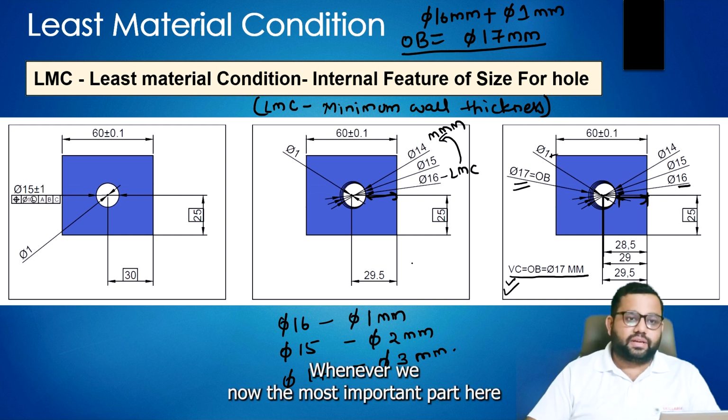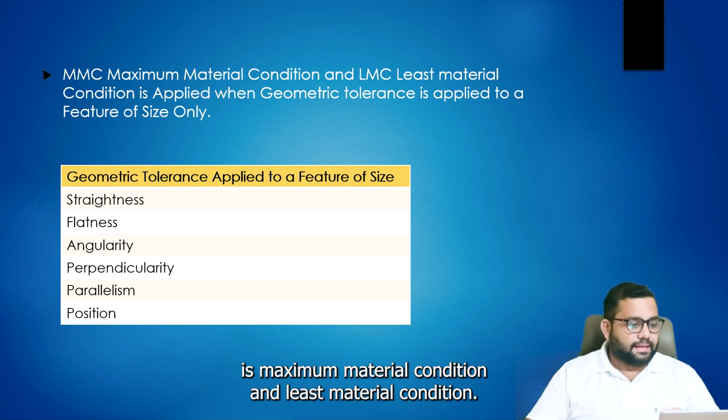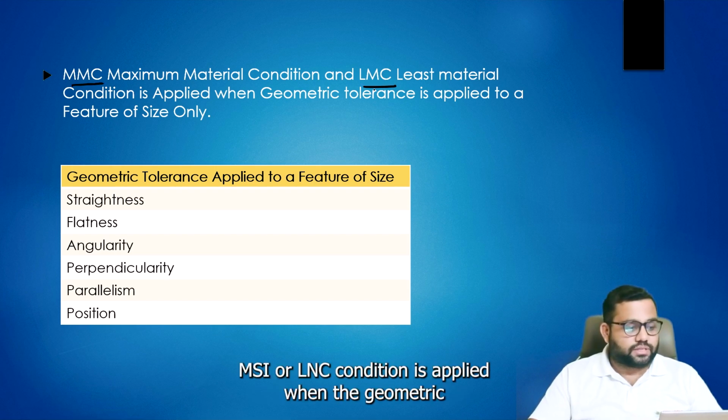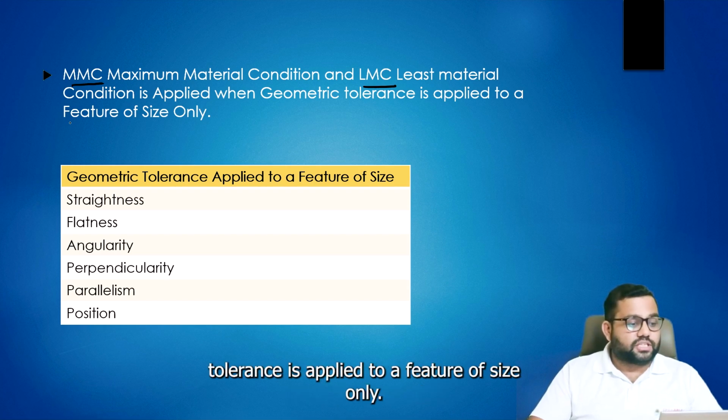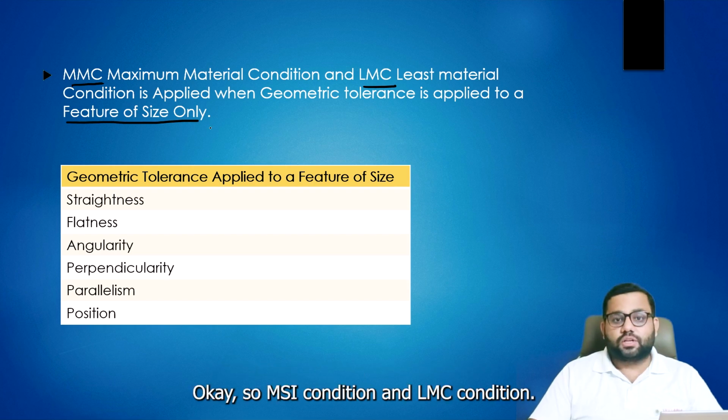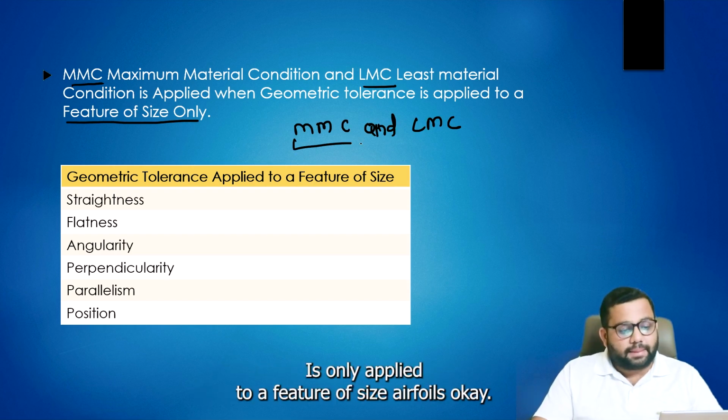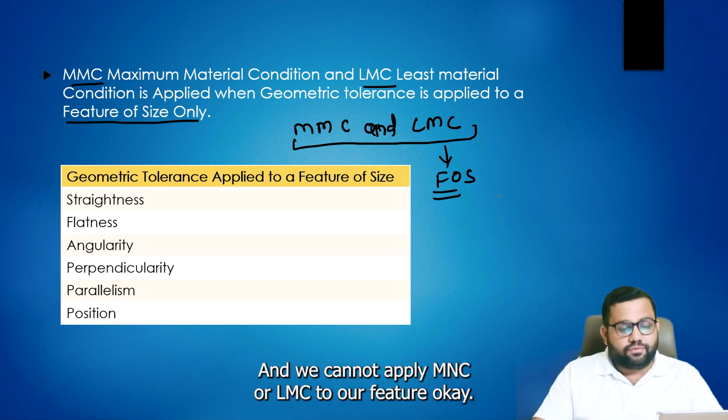Now the most important part here is maximum material condition and least material condition. MMC or LMC condition is applied when the geometric tolerance is applied to a feature of size only. So MMC and LMC conditions are only applied to a feature of size, FOS, and we cannot apply MMC or LMC to a feature.